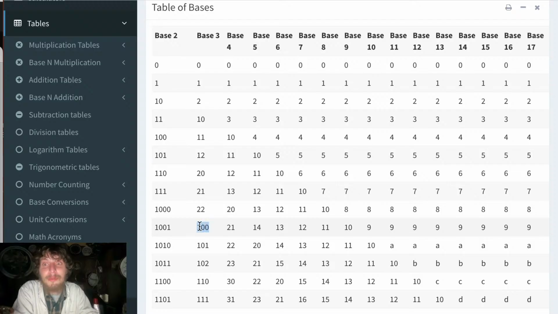So here we see 100 describes 9, but we also see 1001 in binary describes 9. So what do these middle zeros tell us? They tell us that it doesn't take that many powers of 2 added together to make this number. We don't need one of that power, one of that power, one of that power.